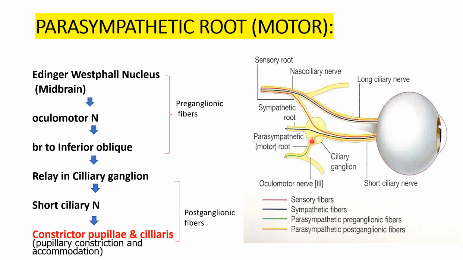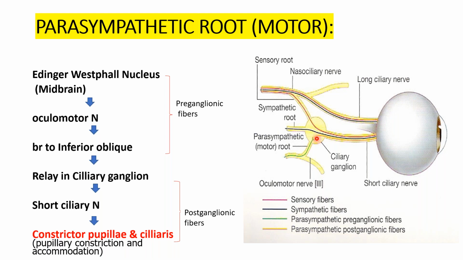And this is the branch of the oculomotor nerve, the branch to the inferior oblique. Through this nerve, it relays into the ciliary ganglion. This fiber we call the preganglionic fiber. This is all preganglionic fiber till it reaches the ciliary ganglion.